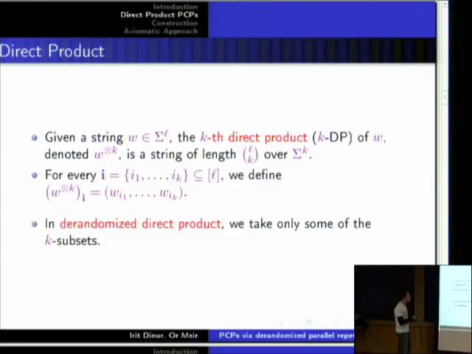And jumping ahead, I'll just say for now that when we say derandomized direct product, I mean that we don't take all the possible k subsets of coordinates, but we rather take only some of them.